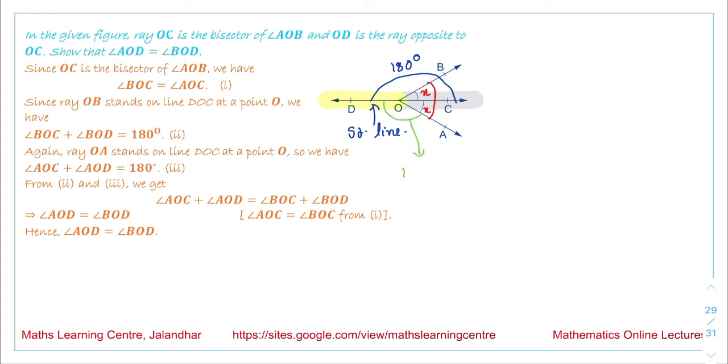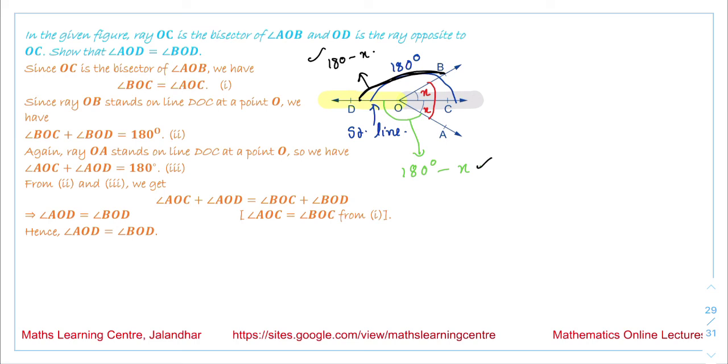The value of angle AOD will be 180 degrees minus X. Similarly, the value of angle BOD will be 180 minus X. This is what we have to prove, that both these angles have the same value.